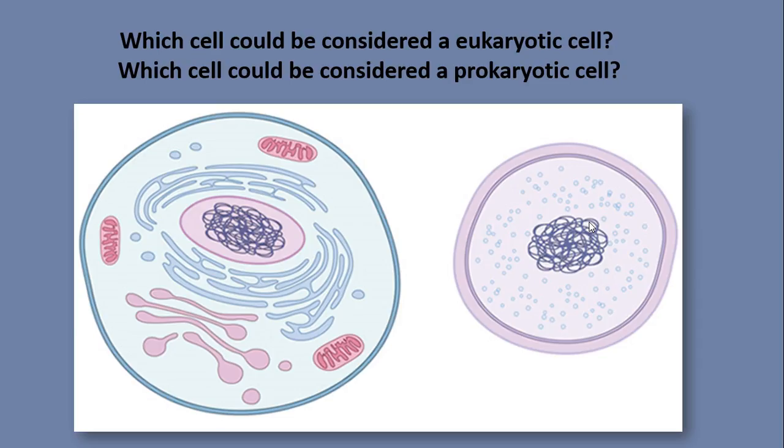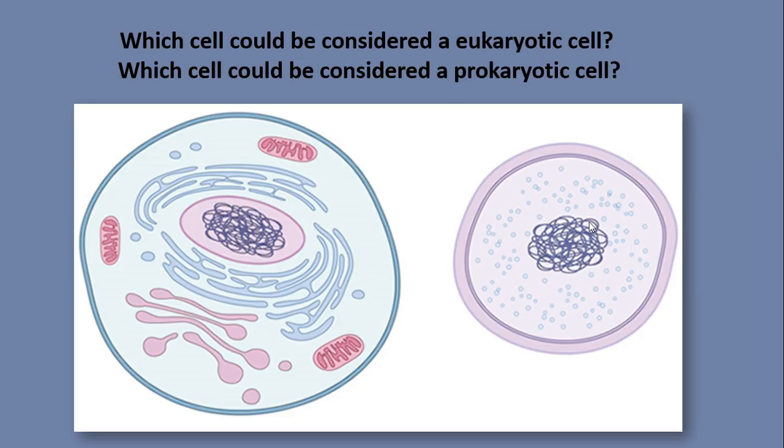If you look at the image on the right, it does not have a nucleus. It does not have a lot of structures inside of it. There are no membrane-bound organelles, but you can see a central section of what we can assume is DNA. Looking at the image on the left, we see an area that looks like DNA surrounded by a membrane.